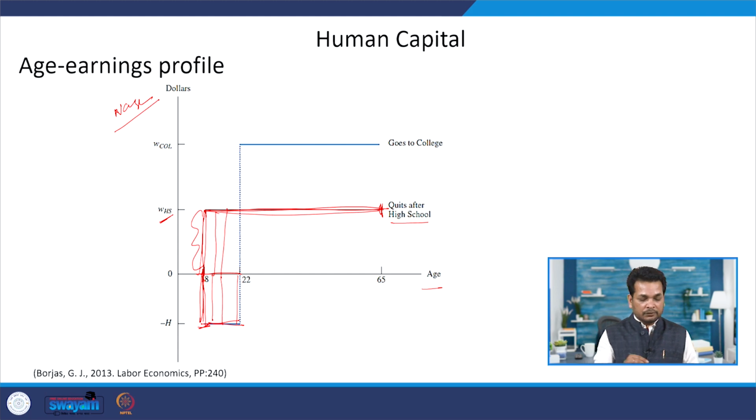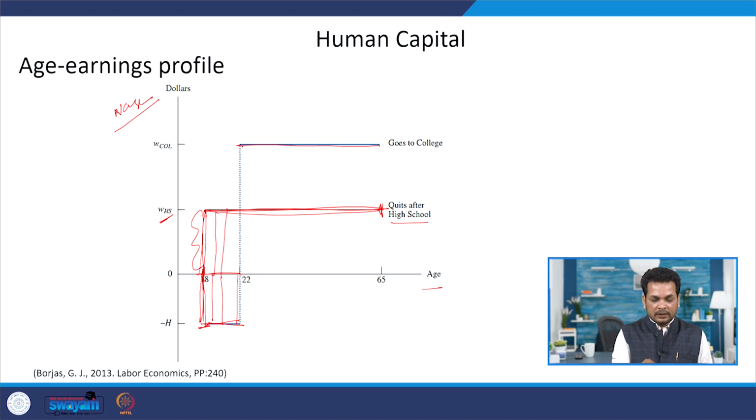Now, after 4 years of college education, he enters the labor market and he gets the wage rate which is WCOL, college. That is the wage rate associated with college graduates. It is expected that college graduates are more productive, that is why the wage rate is higher than the high school wage rate.